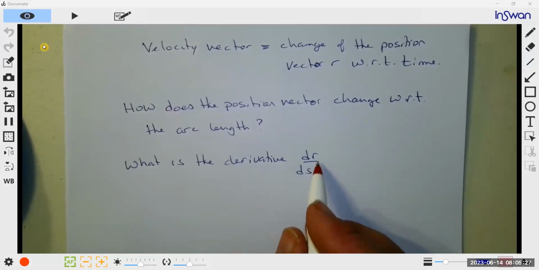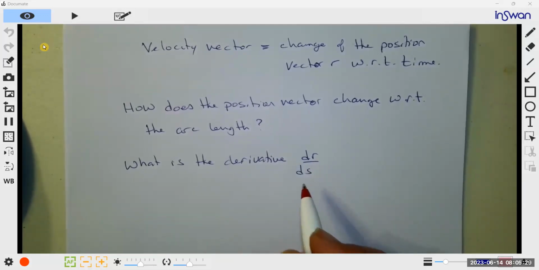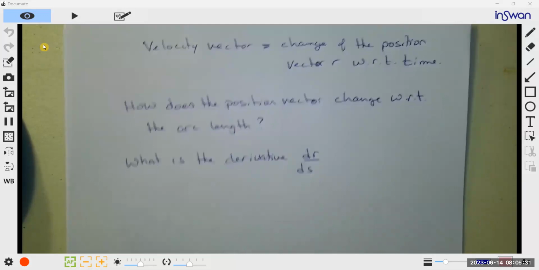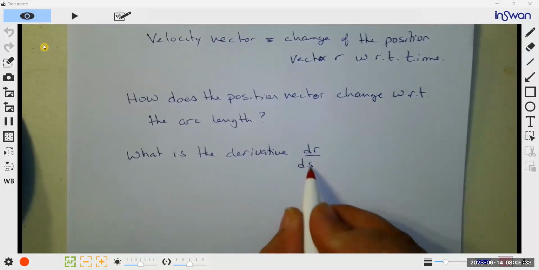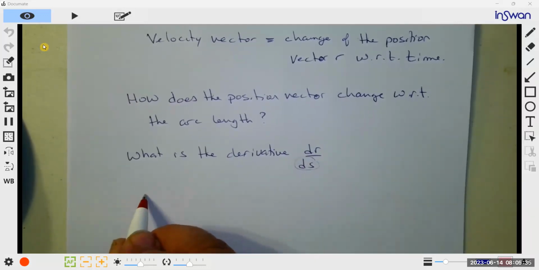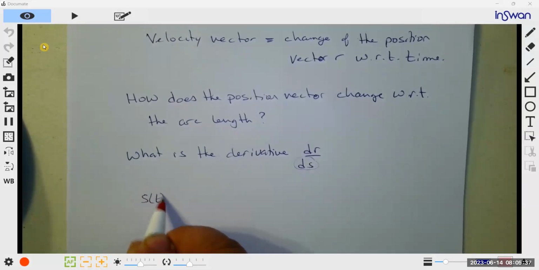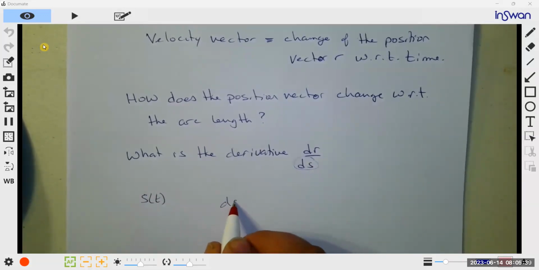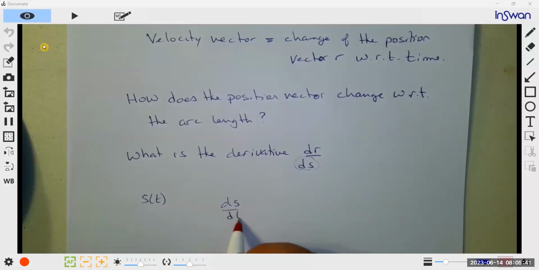What is the derivative dr ds? Well, let's take what's ds? Because remember, s is a function of t, so ds dt is differentiable, it's continuous, so it's always positive.